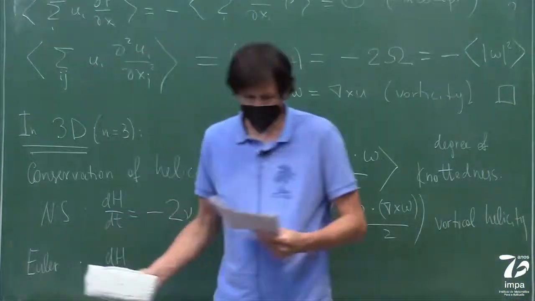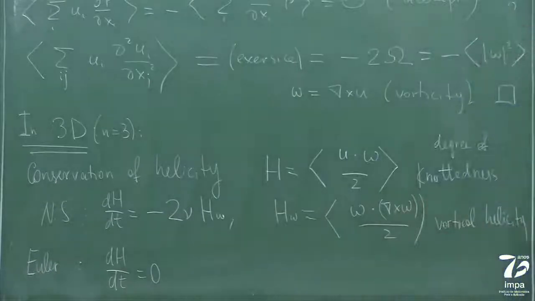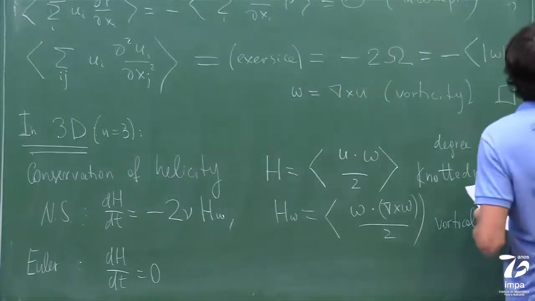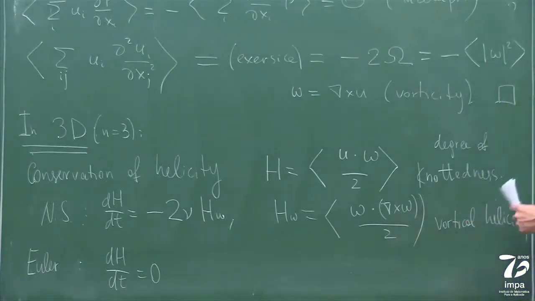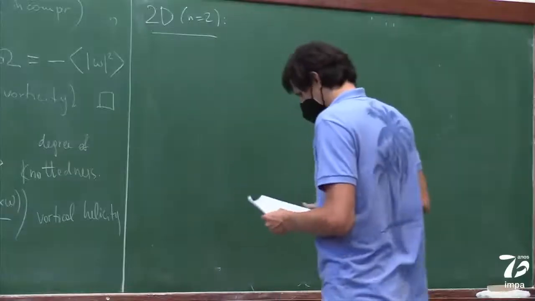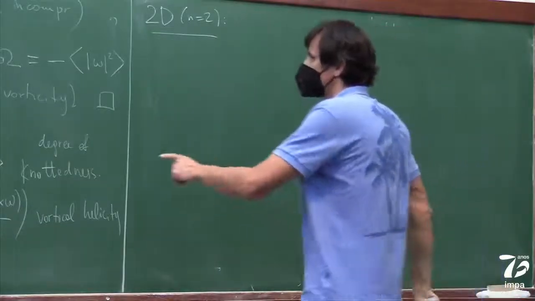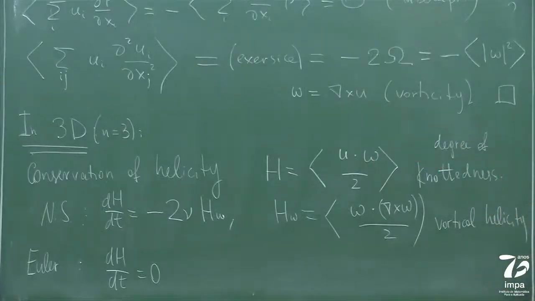Another conservation law that I think we will use has to do with 2 dimensions. So 2 dimensions is a very nice dimension for fluid dynamics, essentially because you have another law. So in 2D, when the flow is just on a plane, in that case, you don't have conservation of helicity.